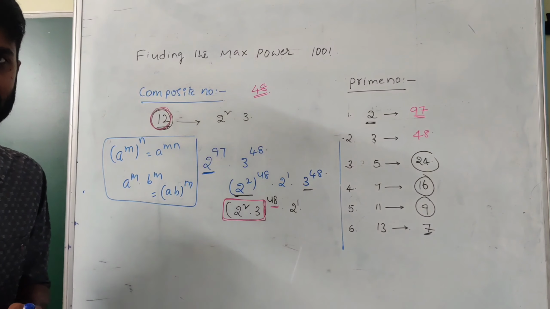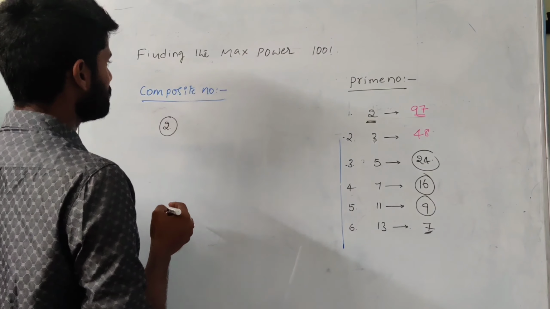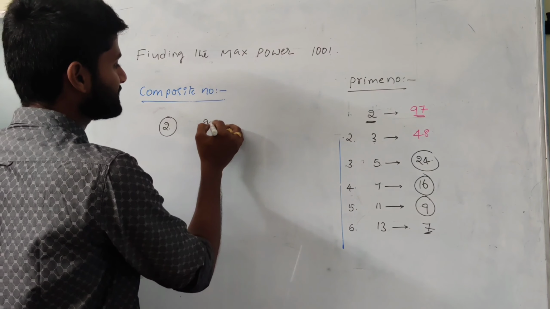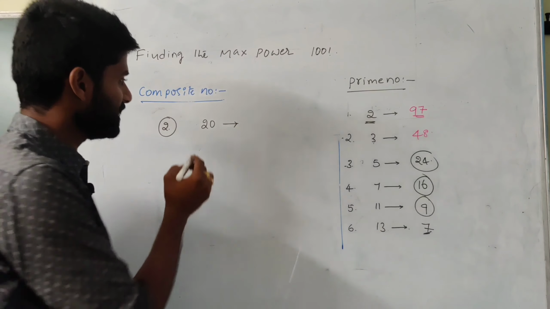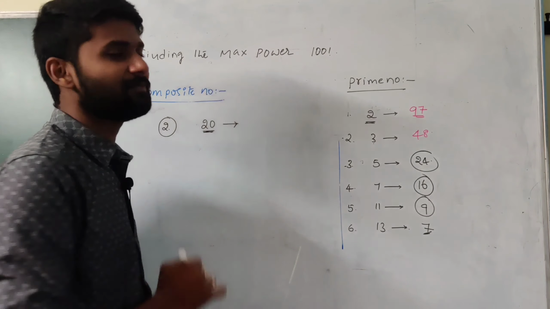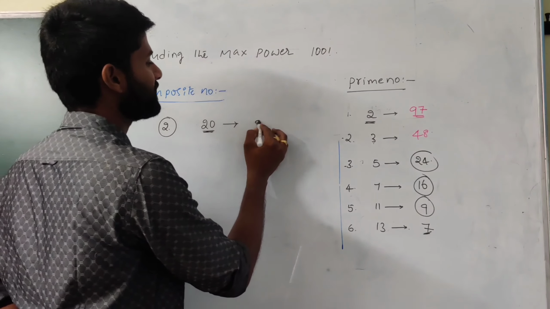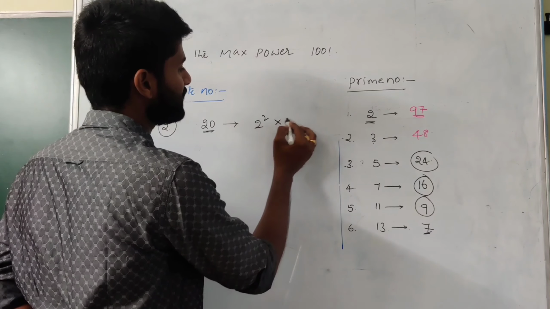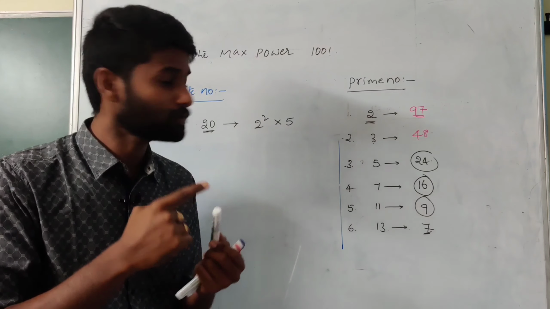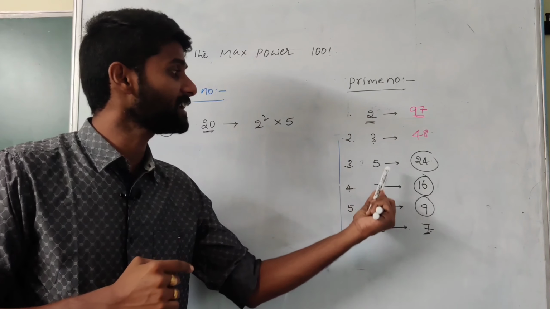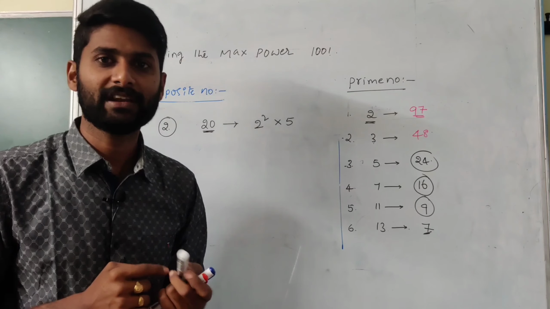This is the answer. Okay, if you go to the second example, find the maximum power of 20 in 100 factorial. First, 20 can be written in terms of prime factors. Prime factors means this value can be written as 2 square into 5. It means we require the maximum power of 2 in 100 factorial and the maximum power of 5 in 100 factorial.